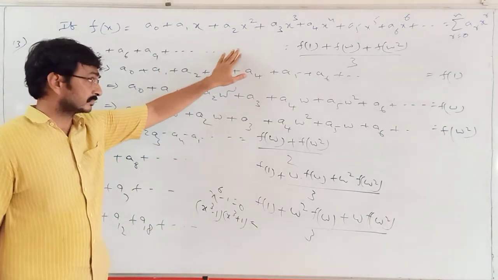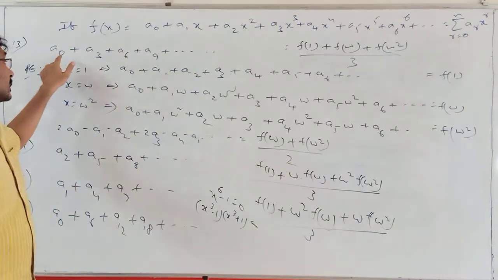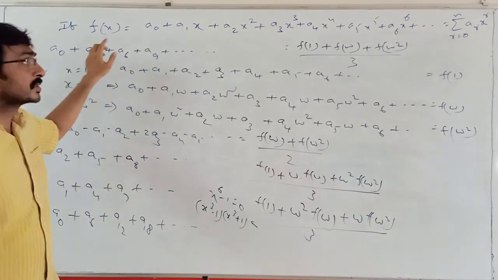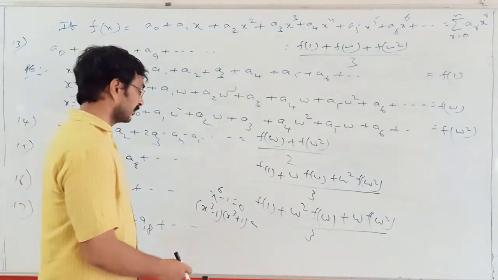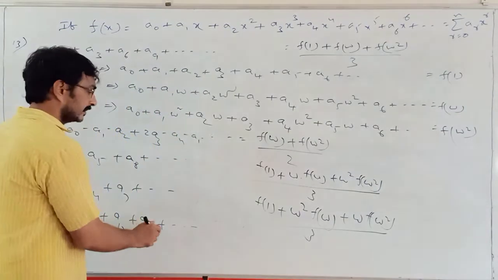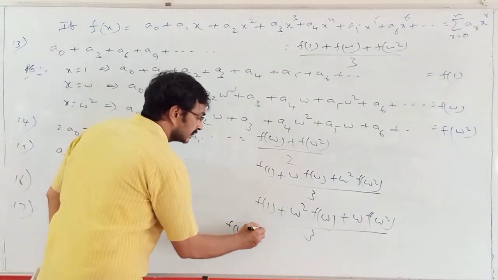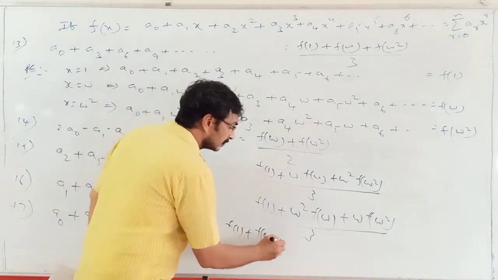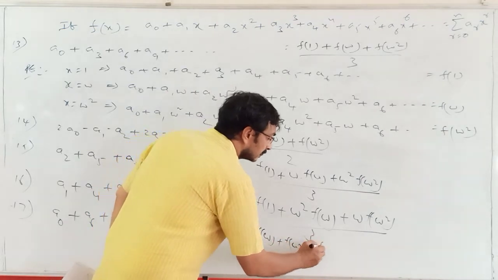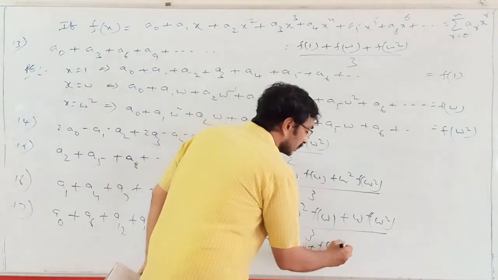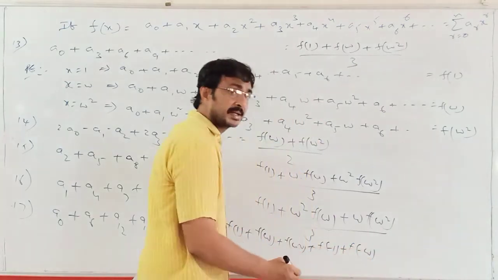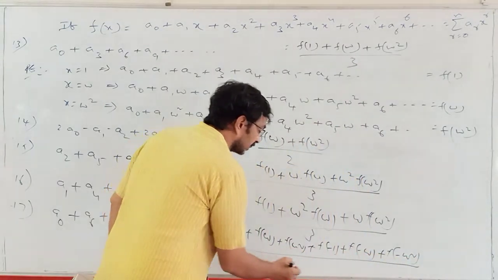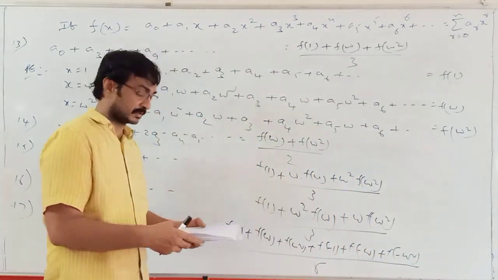In this one, what happened? Difference of consecutive suffix values 3, start from 0. So f of 1 plus f of omega plus f of omega square. Similarly, this is equal to f of 1 plus f of omega plus f of omega square plus f of minus 1 plus f of minus omega plus f of minus omega square by 6, the number of terms 6.